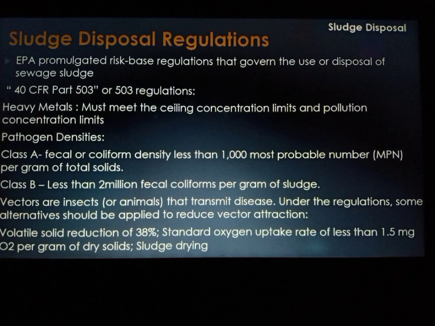For Class B, less than 2 million fecal coliforms per gram of sludge. The Class B treatment, a process to significantly reduce pathogens, includes aerobic digestion, air drying, anaerobic digestion, composting, and lime stabilization.